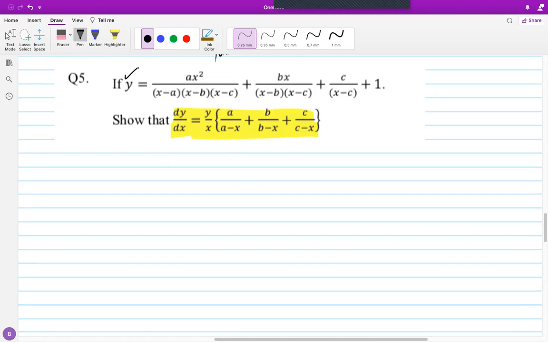So what we do is y equal to x square, x minus a, x minus b, x minus c, plus bx, x minus b, x minus c. So how can we proceed with this sum? So just think that we do have a x square, okay, bx.